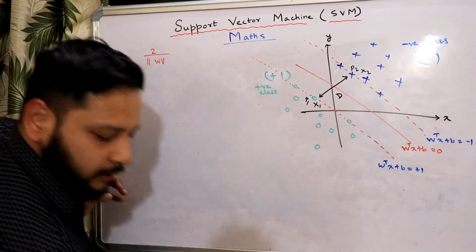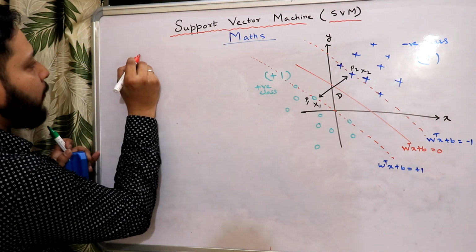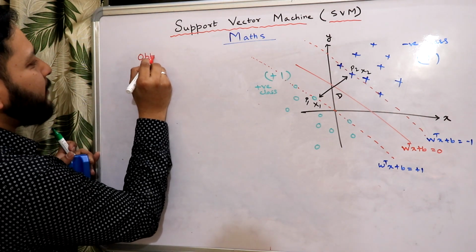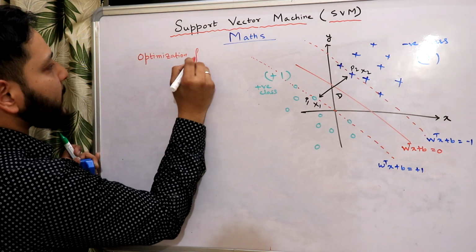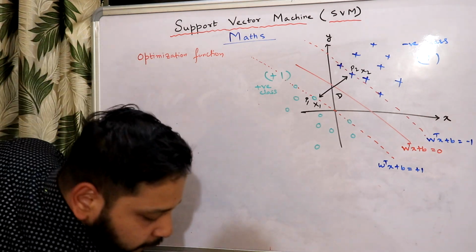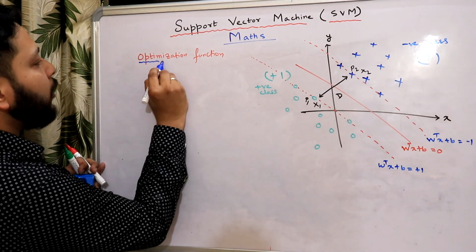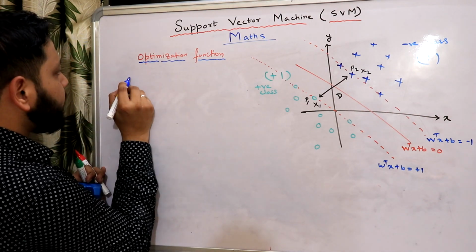Now we know the distance is this, right? So we have to find an optimization function. What is that?